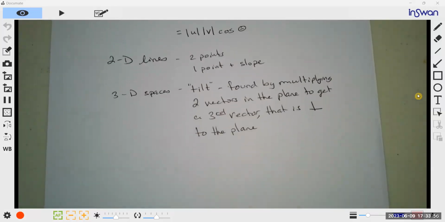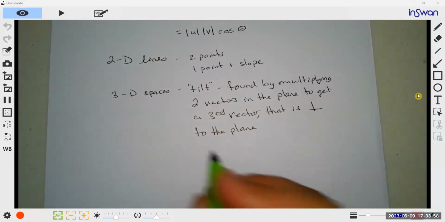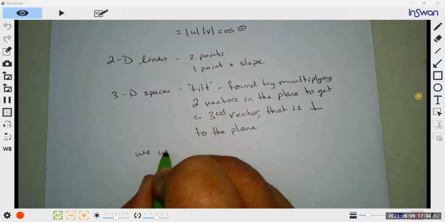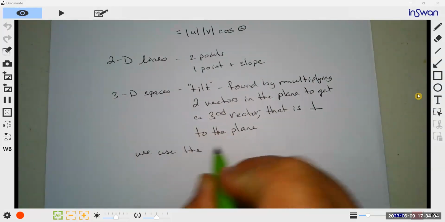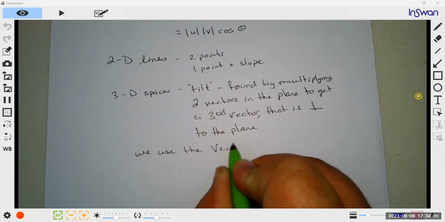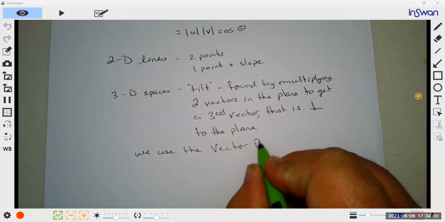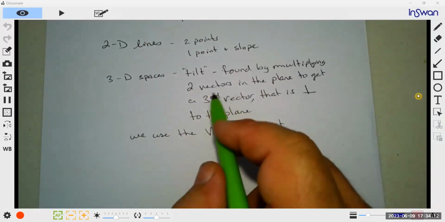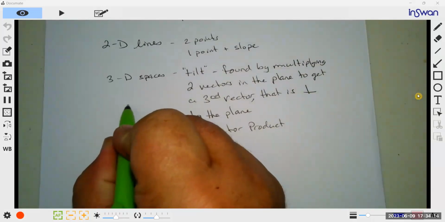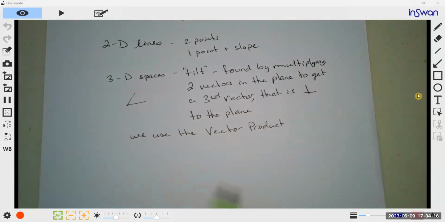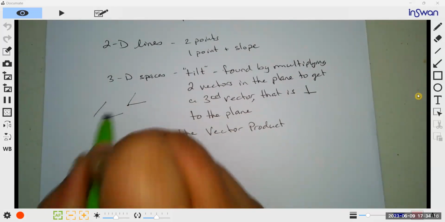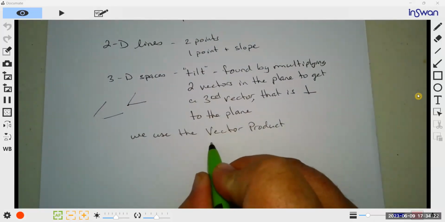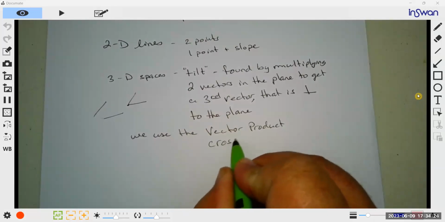To do this, we use the vector product. Because we have 2 vectors we're multiplying together, they could be joined together or they could be separate vectors. Another name for the vector product is the cross product.